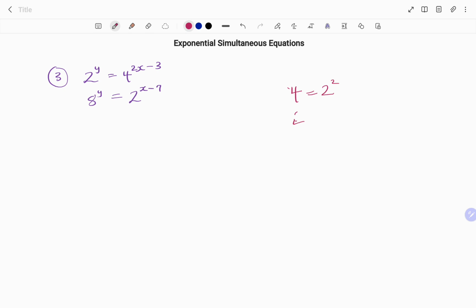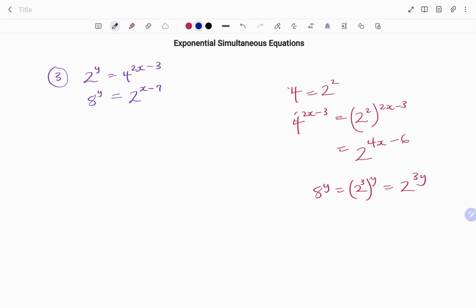Therefore, 4 to the power of 2x minus 3 will be 2 squared, all to the power of 2x minus 3. Expanding the bracket and applying the law of exponents, that's 2 to the power of 4x minus 6. Likewise, 8 is the same as 2 to the power of 3, because 2 times 2 times 2 is 8, so 8 to the power of y will be 2 to the power of 3y.